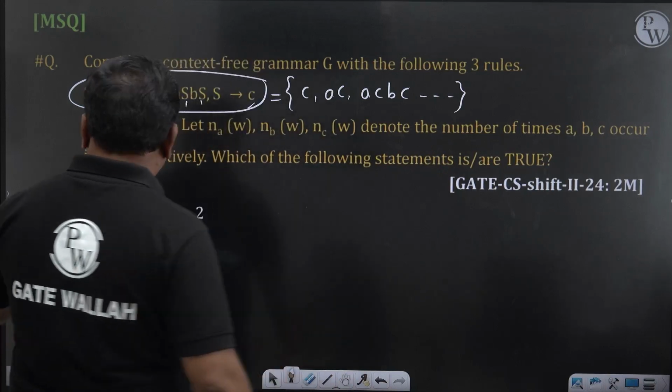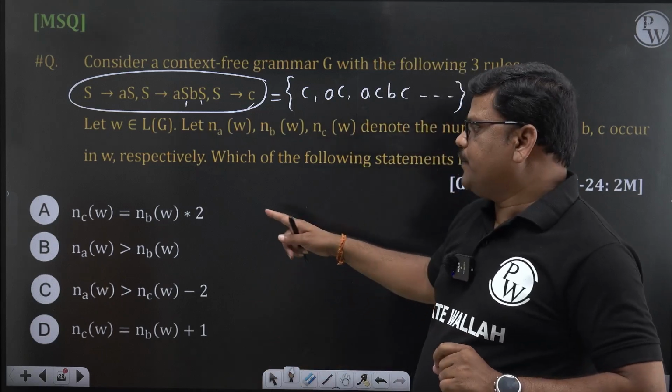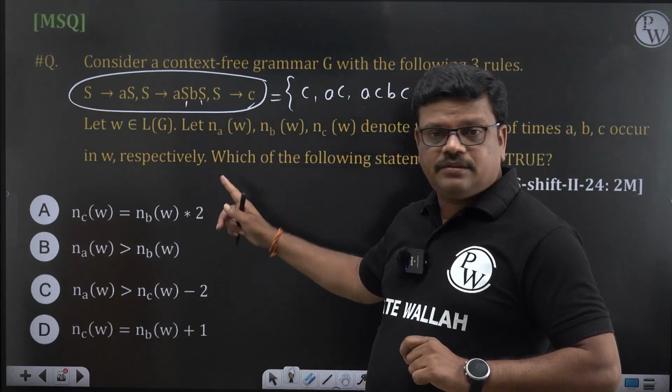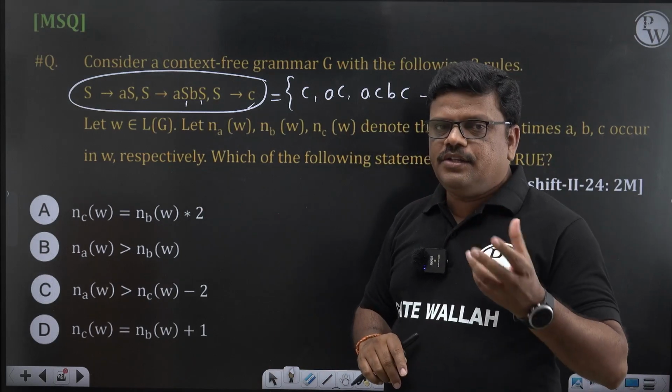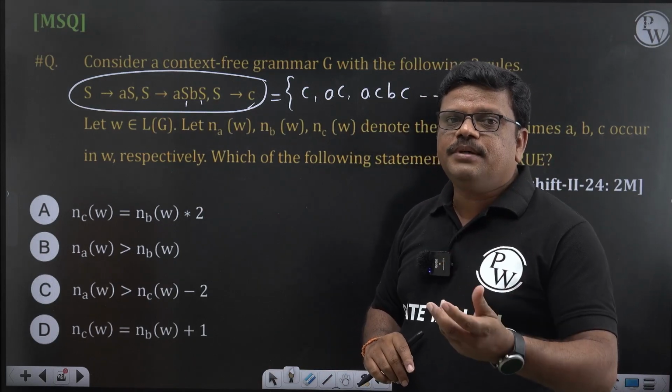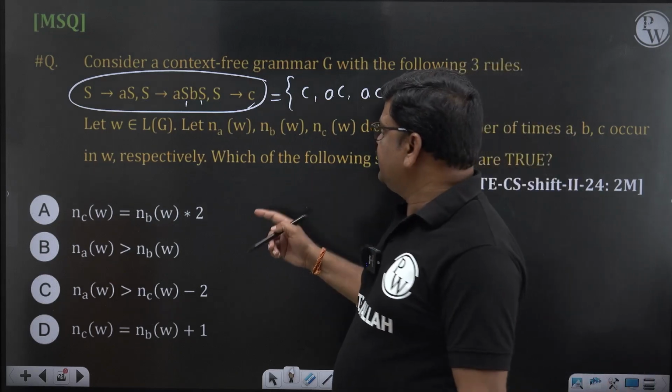Let us observe the first option. What is the first option he is saying here? Number of C's is equal to number of B's multiplied with 2. That is the meaning. So, let us try to analyze this from the first string.